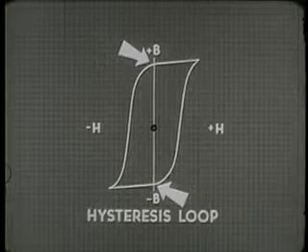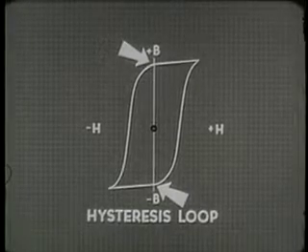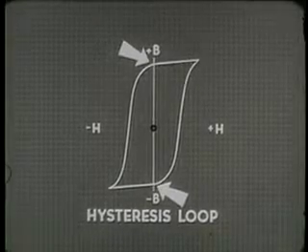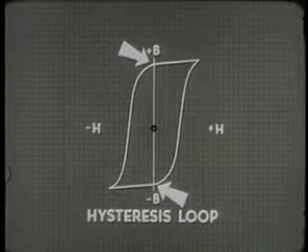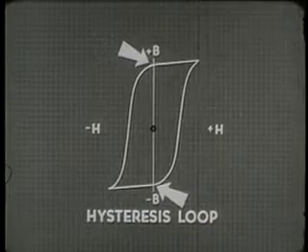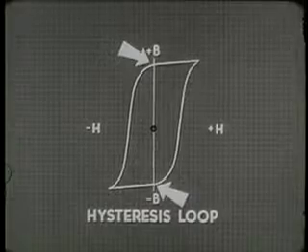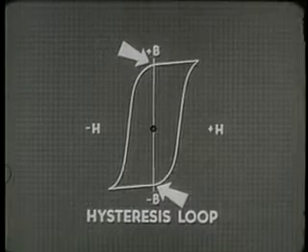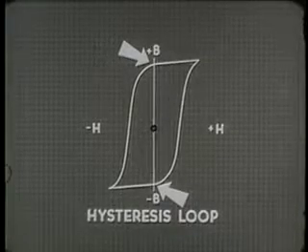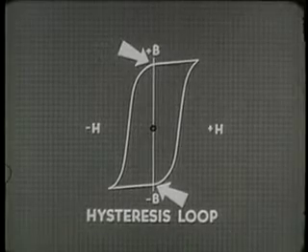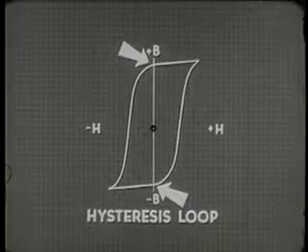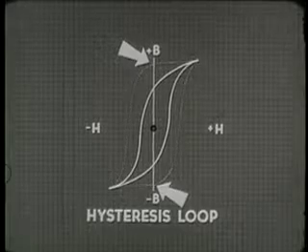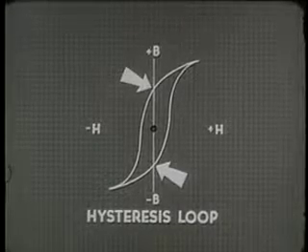The word hysteresis comes from a Greek verb meaning to lag behind. A hysteresis loop, therefore, shows how much magnetism remains behind after the force that produced it is gone. The shape of the loop indicates the ability of a particular core material to retain magnetism. Shallow, rounded loop, low residual magnetism.